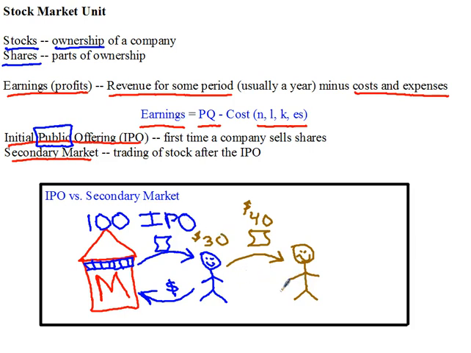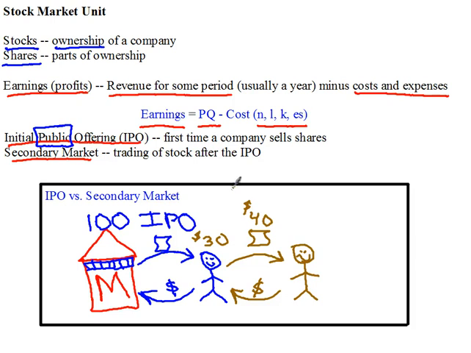This guy gives him that $40, but in return, he gets a share of the company. So now this guy has the share of the company. And that means if Microsoft makes money, it's going to pay some of those profits to this guy over here because he now owns the shares in the company.